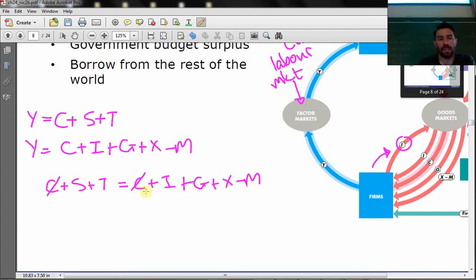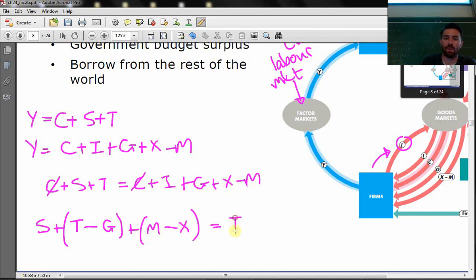If we rearrange this, I can write it as: S plus (T minus G) plus (M minus X), and all of that must equal I. I'm leaving I on that side.